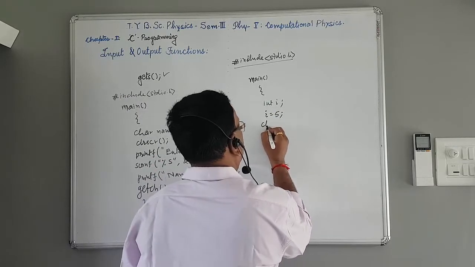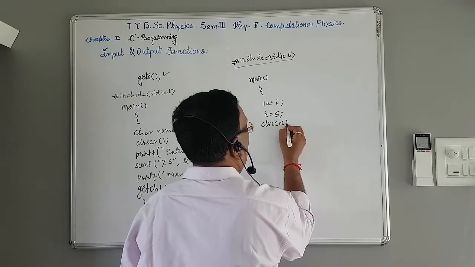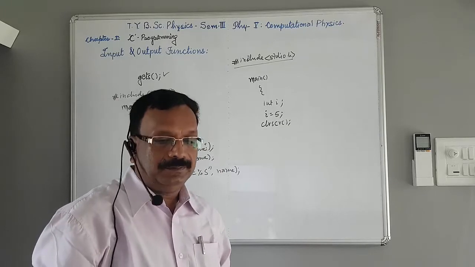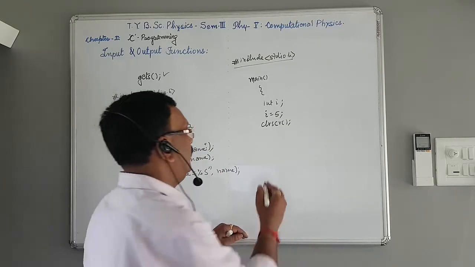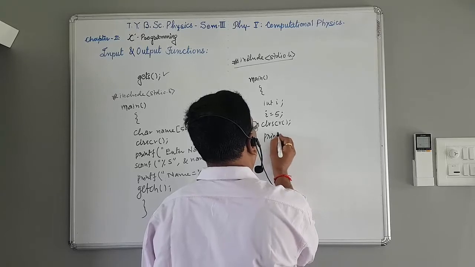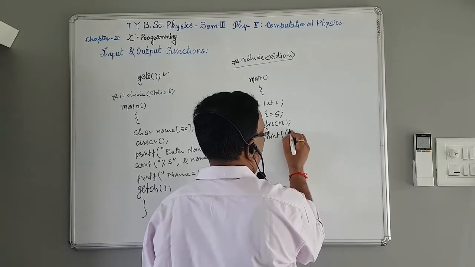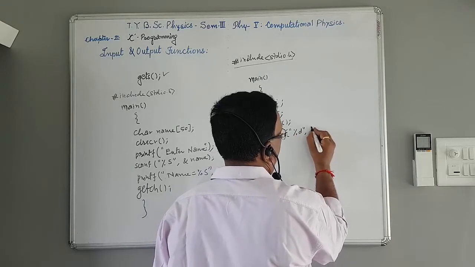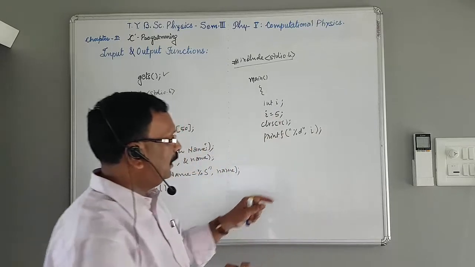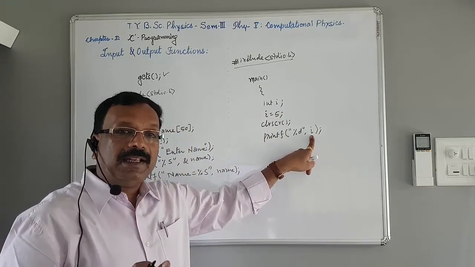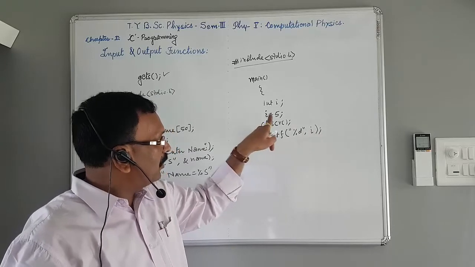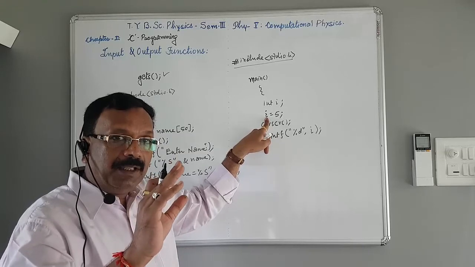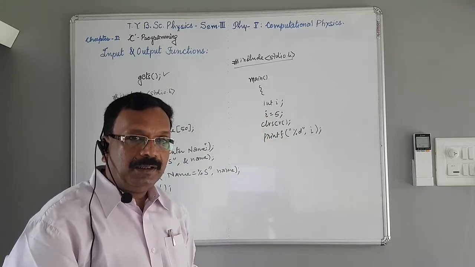Now clrscr(), the common statement in every program to clear the screen. Then printf("%d", i). Here it is not necessary to give the address of the memory, because this variable is already defined here and the compiler does not need to go into memory to check.